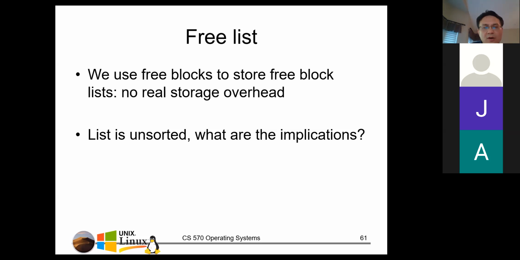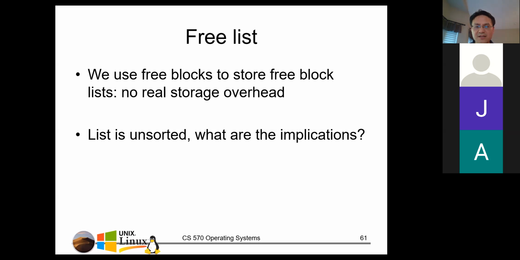Also, in some implementations, people want to sort the linked list for free block management, so that you could have the biggest gap at the beginning of the list. With a sorted linked list, searching for free blocks becomes much more efficient.